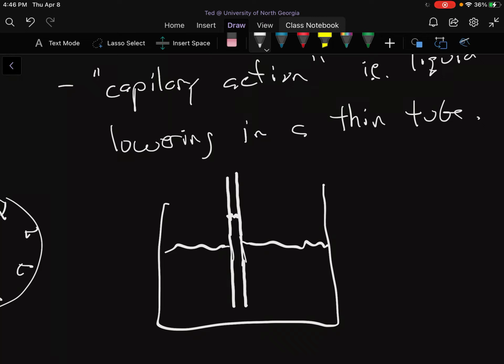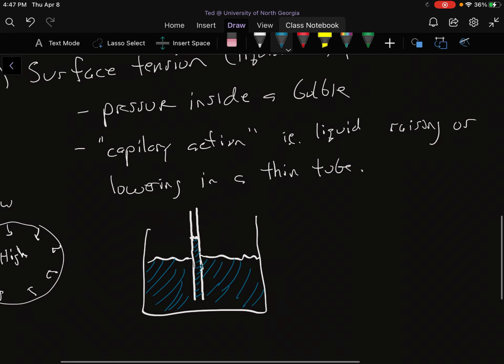And so what I'm saying here is, if this liquid is filling this jar, it could rise up in the tube, and that's called capillary action.